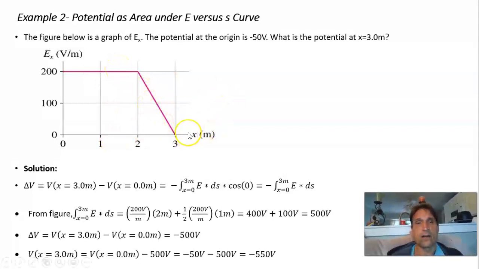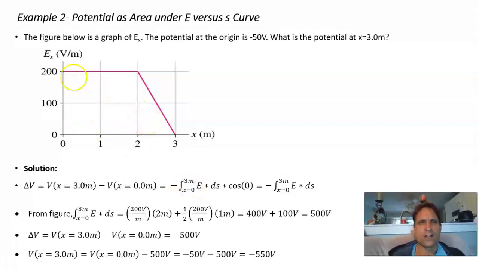Okay, so here we've got to do the area under the curve, and so the voltage at 3 meters minus the voltage at the origin, the difference is equal to the negative of the area under this curve.